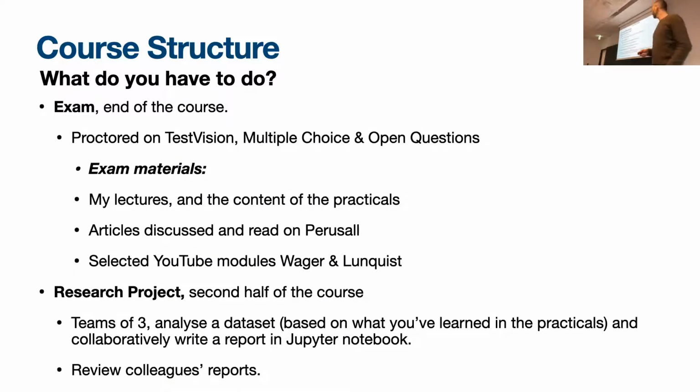Okay, so then this research project in the second half of the course, where you can really test your mettle, if you will. The idea is to have small teams. I'm saying 3 here. It can be 2, it can be 4, whatever you like. I don't care much. We have created this Jupyter notebook where there are 3 main chapters representing 3 different projects, and you choose a project and then run with it as a team.